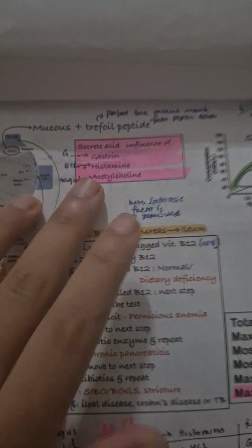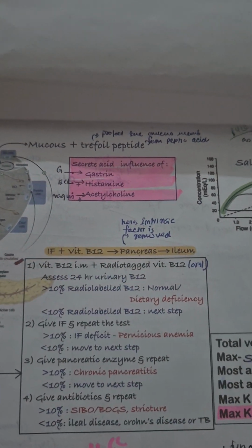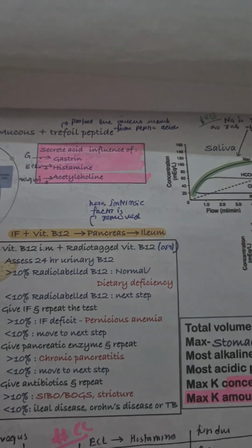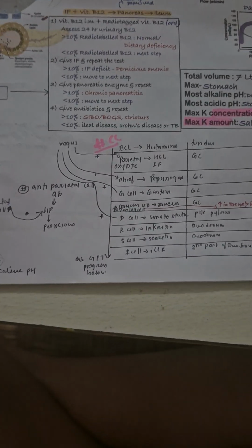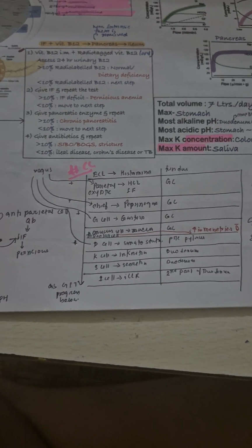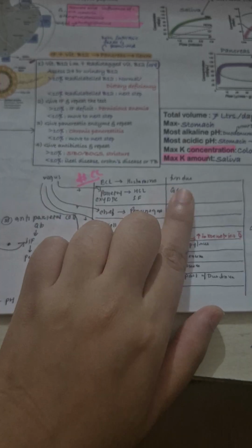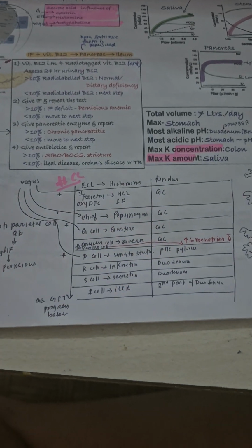Okay, then gastric acid secretion is under the influence of gastrin, the G cell, the enterochromaffin-like cell which secretes histamine, and the vagus nerve which secretes acetylcholine. These are all the cells in proximal to distal order. In the fundus we have the enterochromaffin-like cell which secretes histamine.